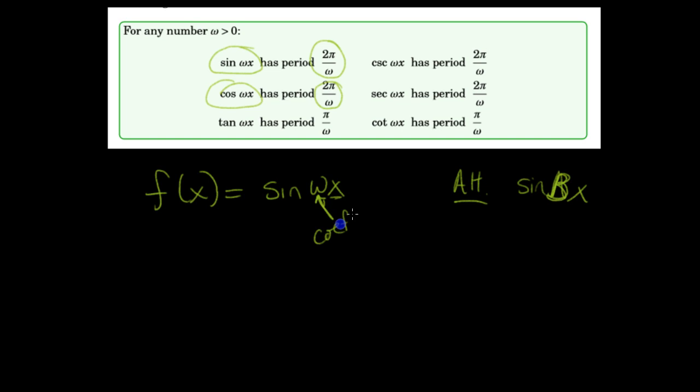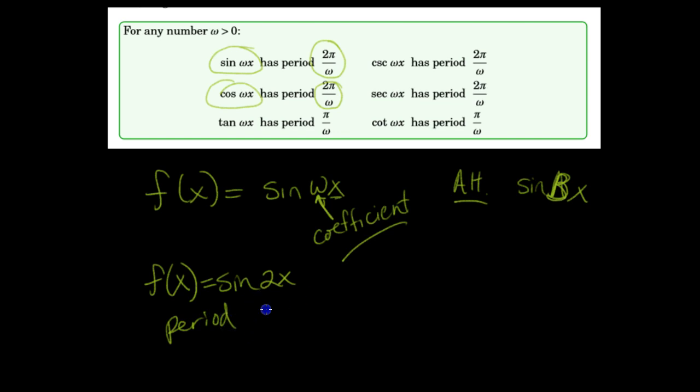So whatever's in front of the x, you take that coefficient and you put it underneath in the denominator and 2 pi. So for instance, if I gave you the sine of 2x, well, to find the period of that, we can say that that's 2 pi over 2, cancel the 2's, and so that means that the period is pi, and that does confirm what we saw on the Desmos graph.